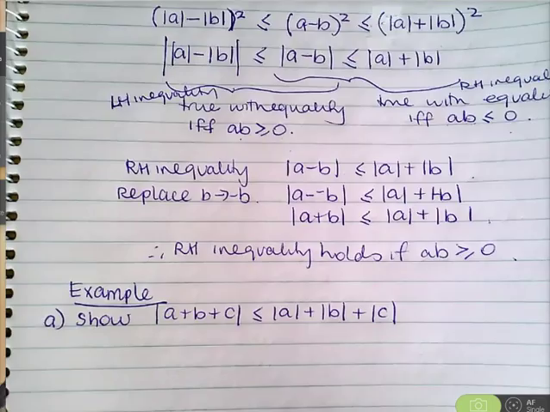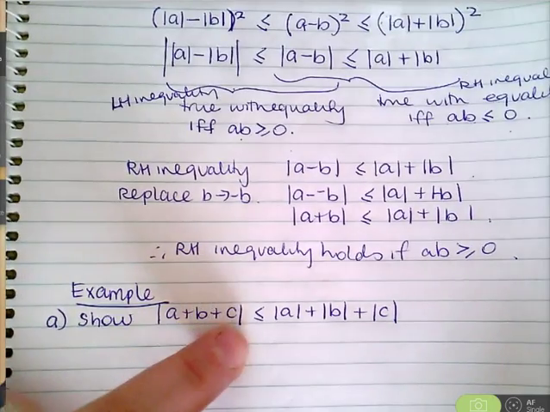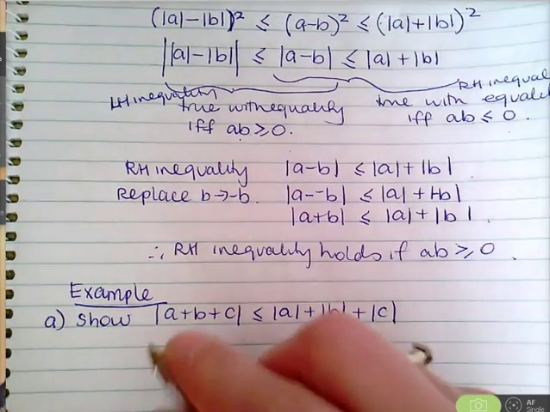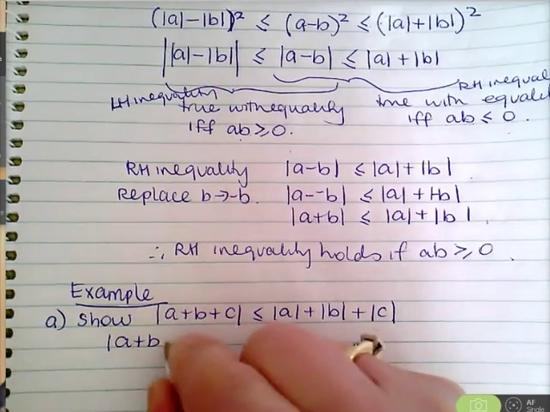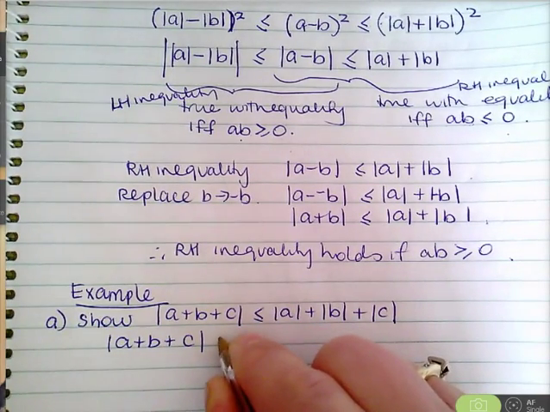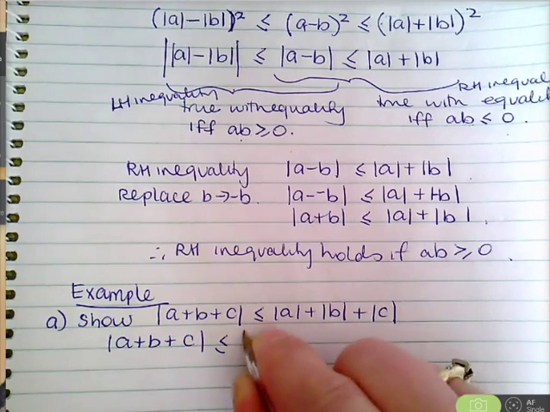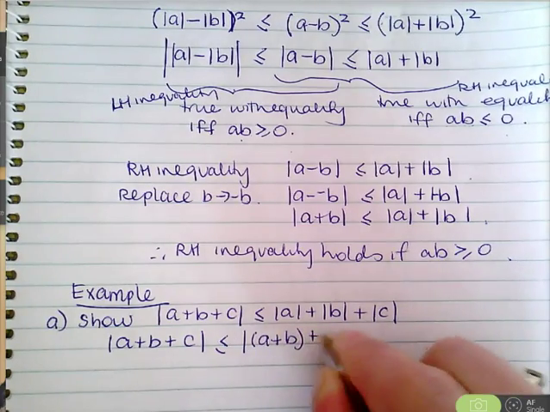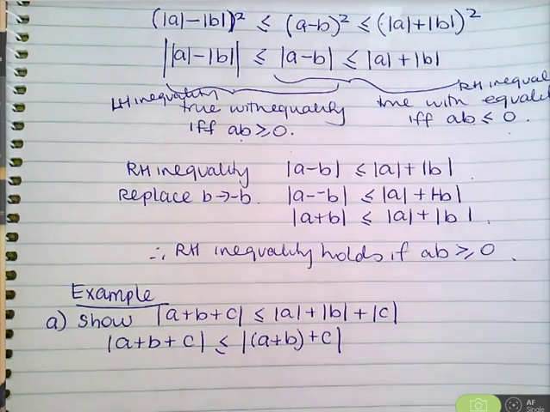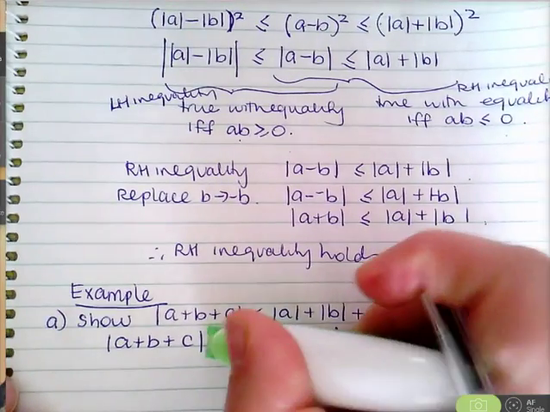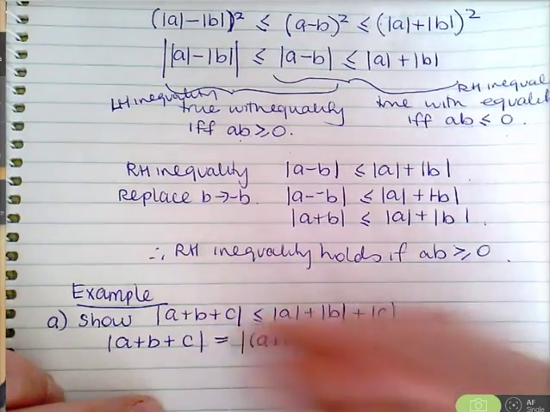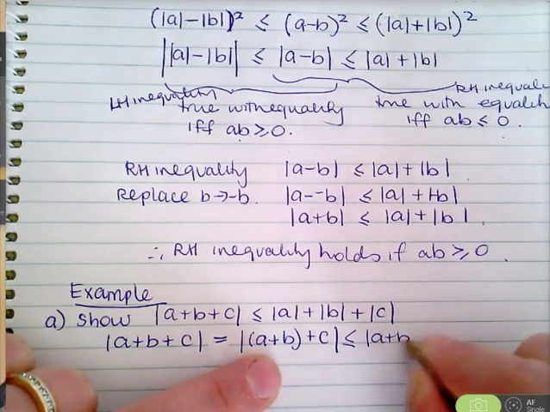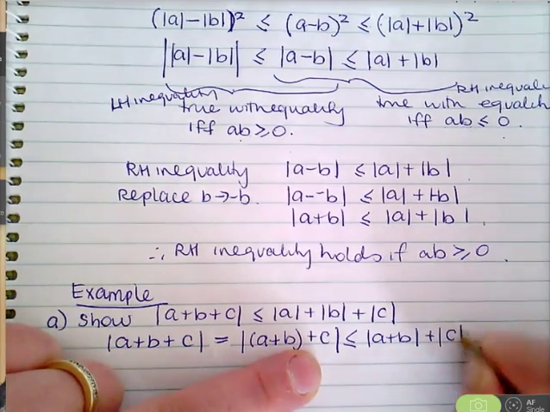Okay. We have to show that the absolute value of a plus b plus c is less than or equal to the absolute value of a plus the absolute value of b plus the absolute value of c. Starting with the left-hand side, we've got the absolute value of a plus b plus c, which is less than or equal to, and now we'll use the triangle inequality with this, the absolute value of a plus b plus the absolute value of c.